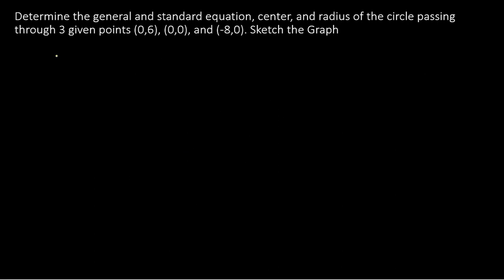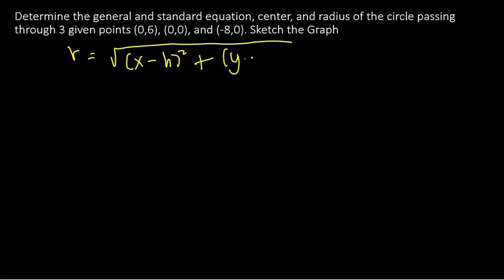Okay, so next step naman, kailangan natin kuhain yung ating radius. So para makuha yung radius, we have to use the distance formula. We have the square root of x minus h square plus y minus k square. So pwede natin gamitin kahit anong point dito sa 3 given points natin. So gamitin na lang natin si point 1. We have 0, 6. So ito yung ating x, ito yung y.